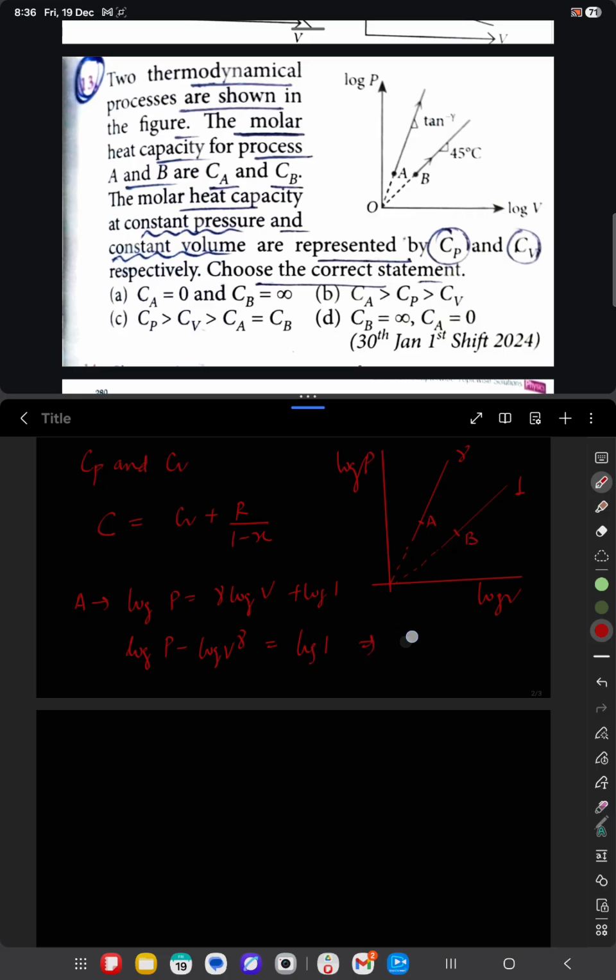From here P by V to the power gamma, or P V to the power minus gamma, equal to 1. So now P V to the power minus gamma is equal to constant. In the same way for B, gamma equal to 1, so you may write P V to the power minus 1 is equal to 1 or some constant.